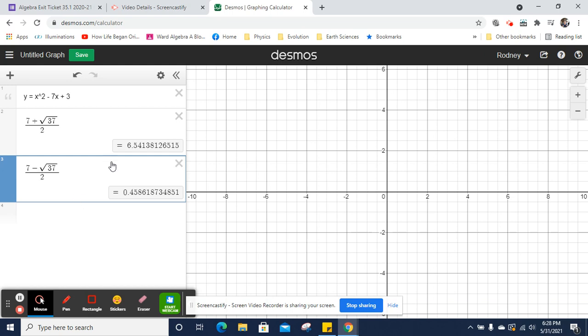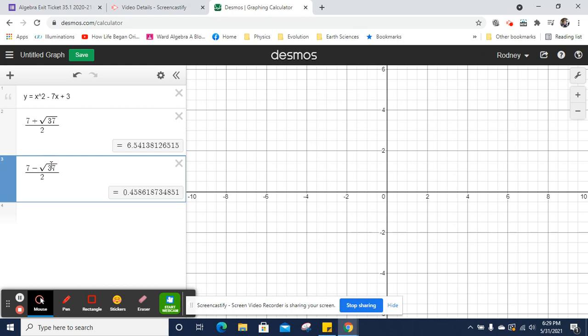And if you wanted estimated rounded answers, you could take one of these two decimals, and you ended up with 6.54 and 0.46 if you wanted. And those would, of course, have to be rounded because they go on forever, because they involve the square root of 37 somehow in there. And that's going to go on forever and have no end and no repeating pattern that lasts for any particular length of time.